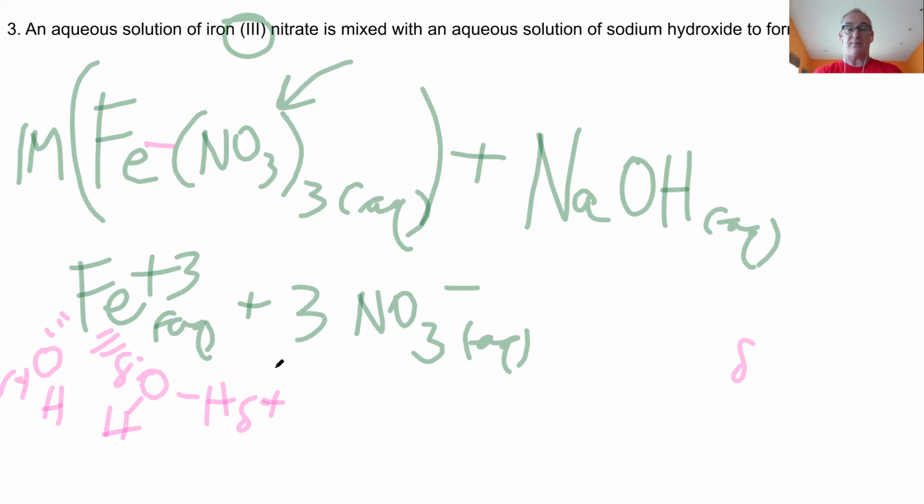And the same thing happens to the negative ions. They interact with the positive side of water. So we have a negative charge here, a slightly positive charge here. They would interact with each other. And so the nitrate ions also have a cage of water around them, which stabilizes it.